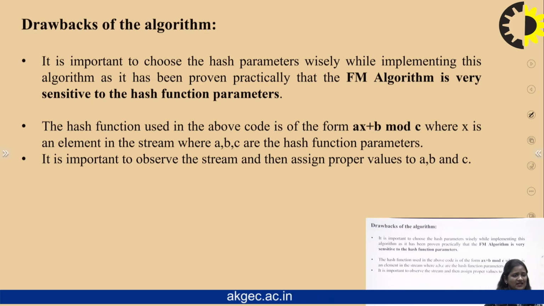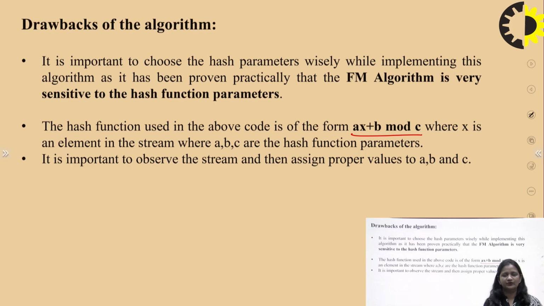The hash function used is of the form ax plus b mod c, in which x is an element in the stream, and a, b, c are the hash function parameters. So it is important to observe the stream and assign proper values of a, b, c, so that our algorithm gets an accurate result.